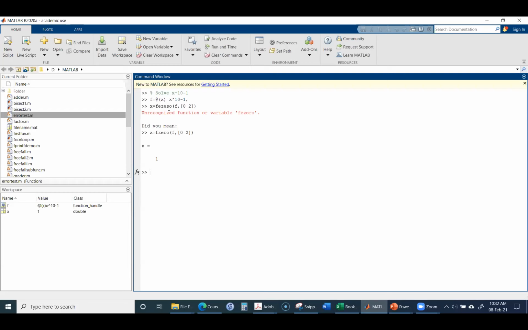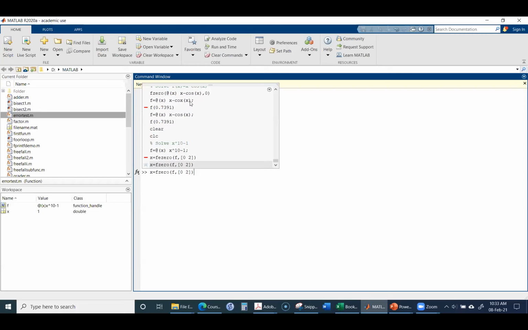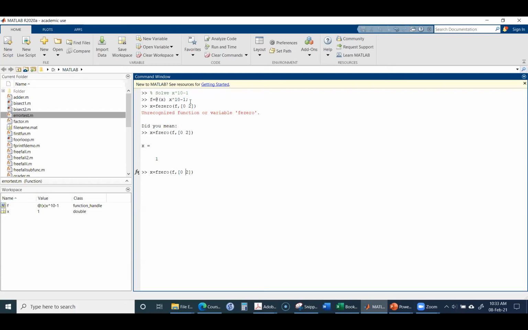Similarly, for another range, in the negative range, 0 to -2, we know that x to the power 10 minus 1 has another solution at x is equal to -1.